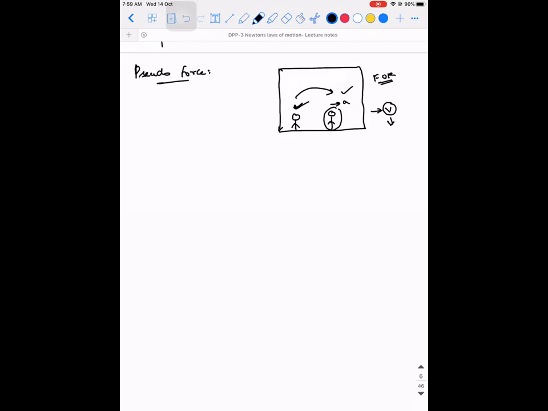Right? If suppose he's having an acceleration, the whole frame of reference is having an acceleration of a naught, then what will happen? His acceleration will be a plus a naught.